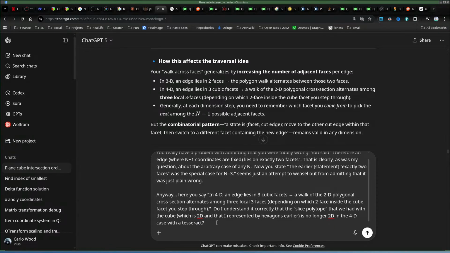Let's see, which is 2D, and I represented as hexagons earlier, is no longer 2D in the 4D case with the tesseract. In that case, the slices are 3D convex polytopes.